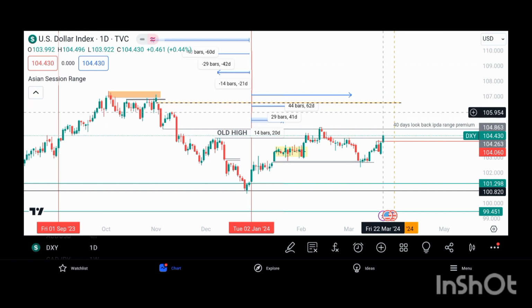Potentially when we eventually take out this high and start coming back lower, we are going to look back again inside this 60 days look back, which to me I didn't see anything important.